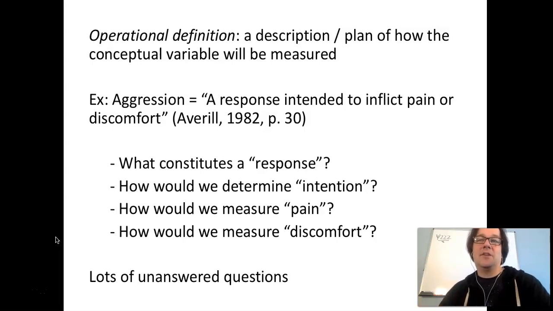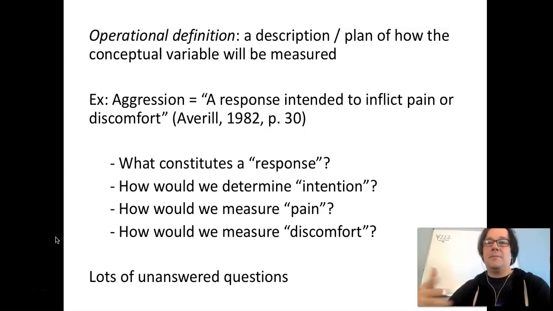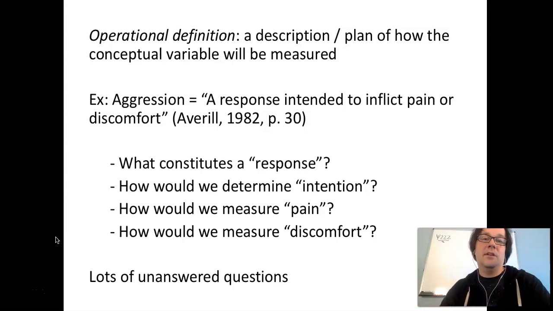The easiest way to determine intention is to simply ask someone what they intended to do. But an act that appears to be aggressive, or an act that does inflict pain or discomfort, might be intentional, right? But it might not necessarily be bad.